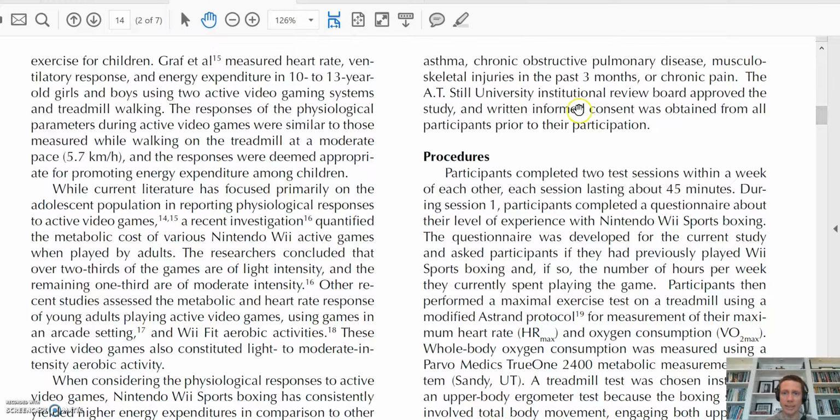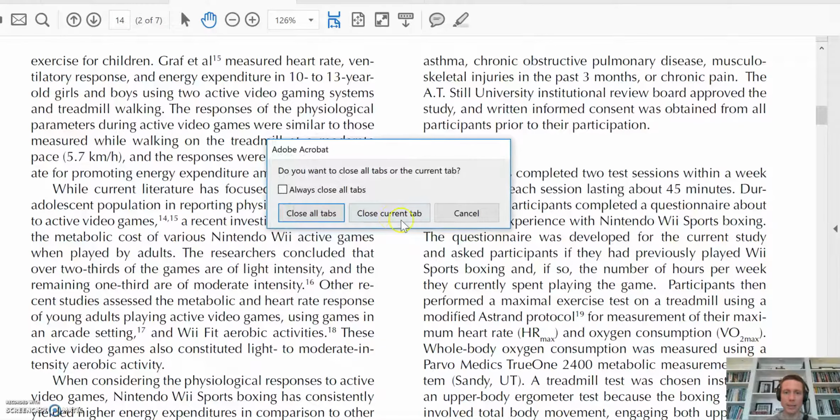And we can see here at the end of the description of the sample, it says, the A.T. Still University Institutional Review Board approved the study, and written informed consent was obtained from all participants prior to their participation. This was an experimental study looking at motion-based video games and Nintendo Wii. A lot of times when you see survey research, you don't always see the informed consent explicitly listed when you're looking at the procedures.